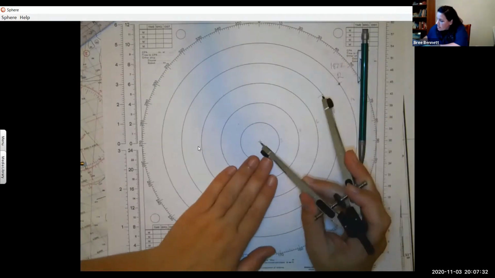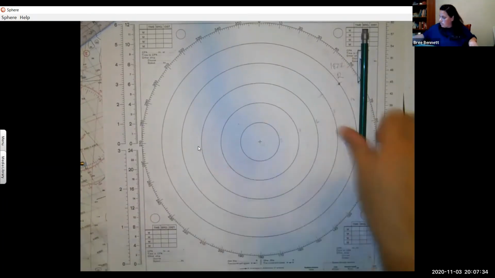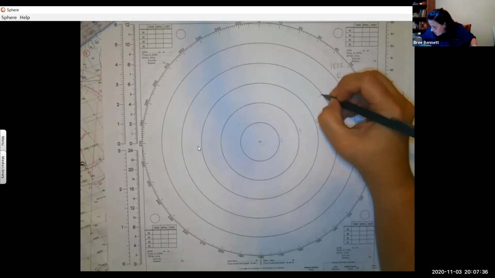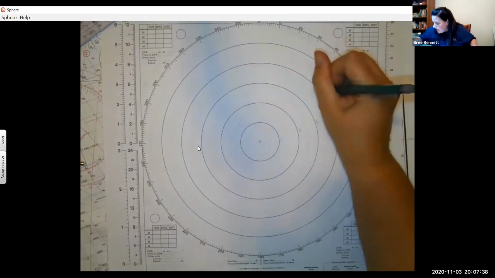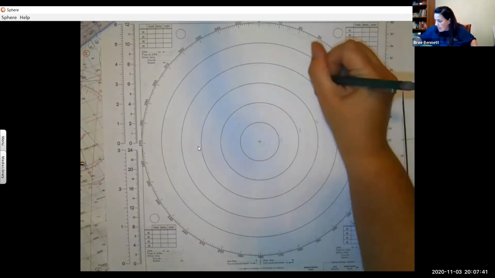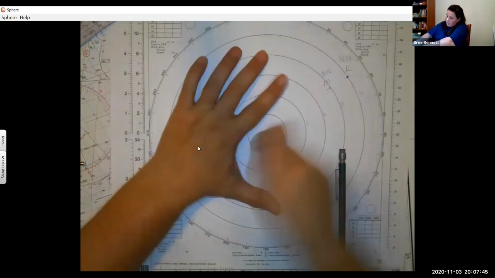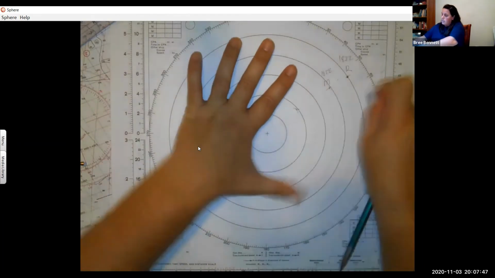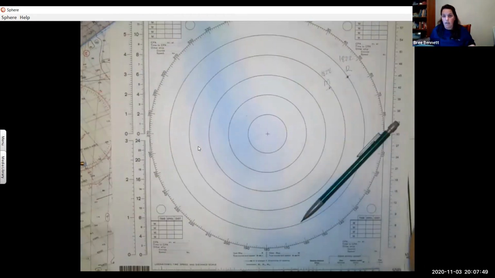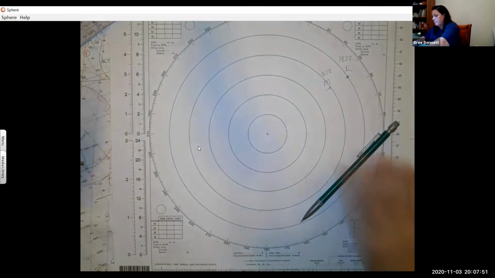Okay, from us, 7.9, so right here is going to be our M, and that was at 1828. Let me erase that real quick. So we have our R and our M.